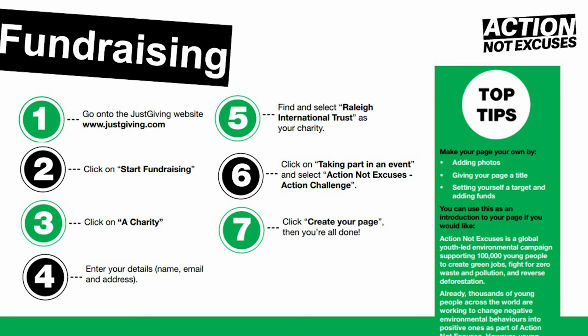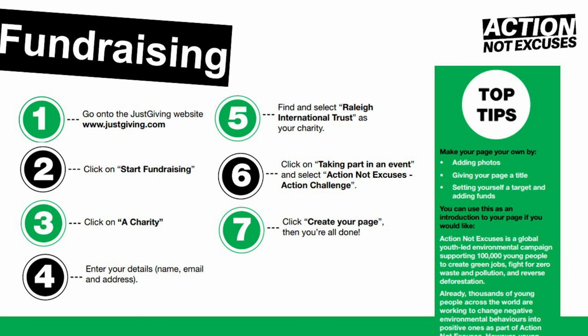You just go to the Just Giving website, justgiving.com, click on Start Fundraising. You'd select a charity and then you just search for Raleigh International Trust. There are some other charities that have Raleigh in their name, but it should be really clear who we are. If you're familiar with our logo and branding, we're set up on there as Raleigh International Trust.